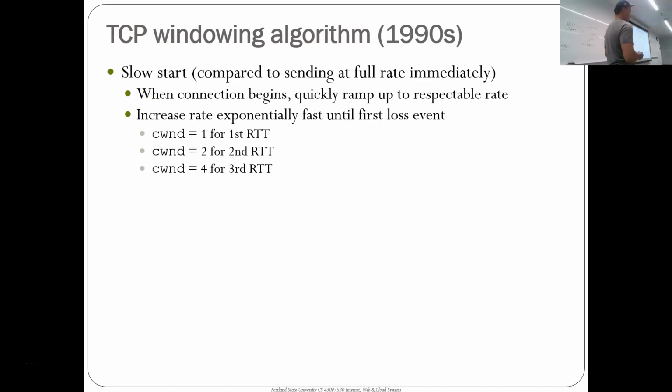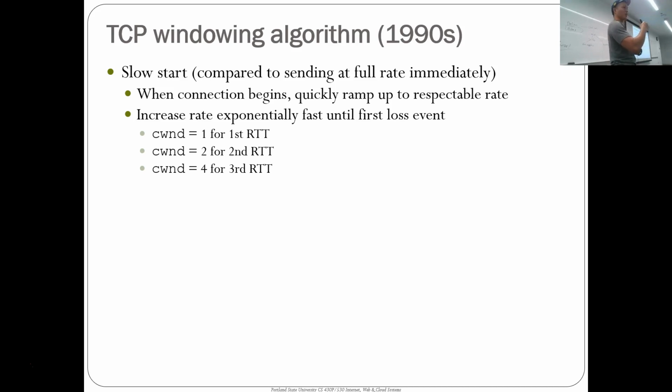Okay, so I'm going to briefly talk about how TCP used to work. It no longer works this way. In the networking class, you'll probably learn all about this. But now we've gotten to a point where we have a whole bunch of different windowing algorithms in use today. But it used to be the following mechanism. Right when you started a connection, you did something called slow start, which basically implements exponential growth at the beginning.